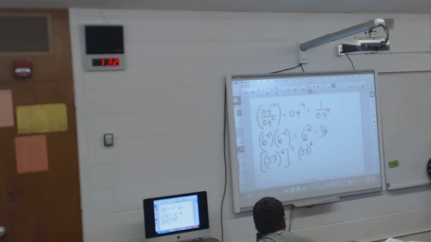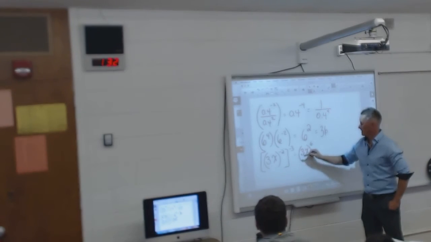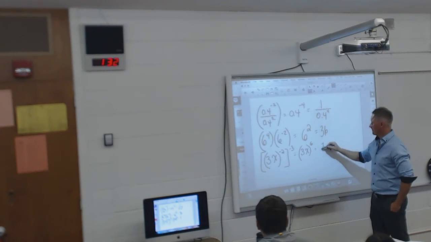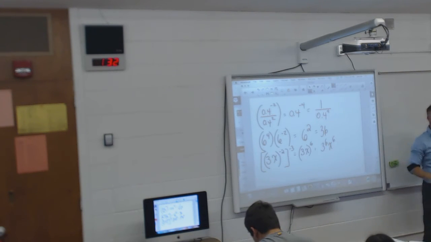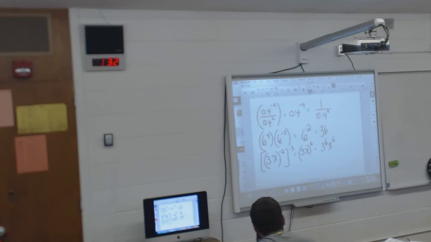You multiplied them, right? -2 times -3, that's how I got the 6. Now what do I do with that 6? Distribute it, put it into both. You guys are both right: 3 to the 6, x to the 6, done. And that would be the answer? That's your answer.